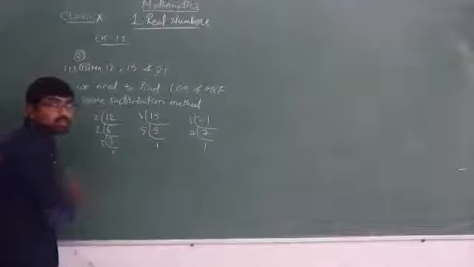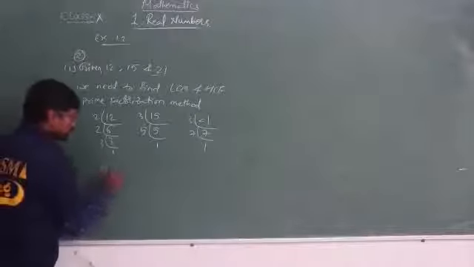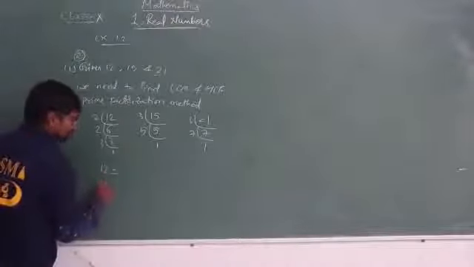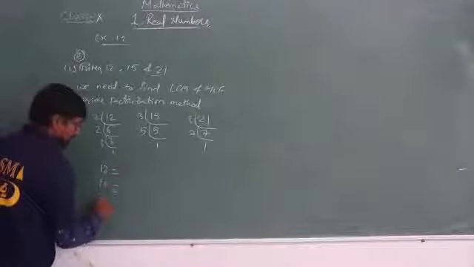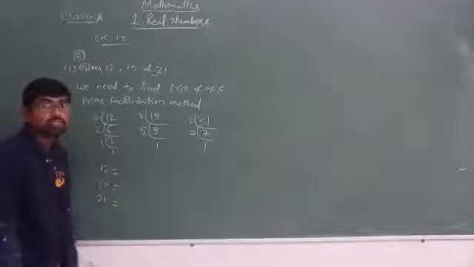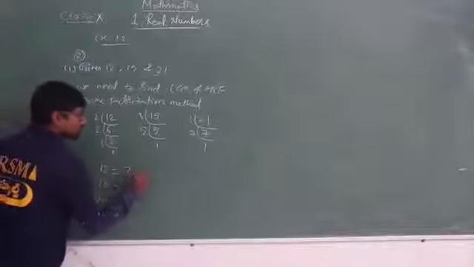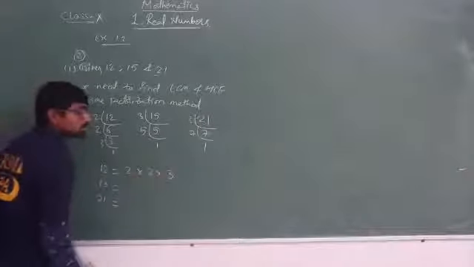Okay, now for comparing, I will write in sequence. So 12 equals, 15 equals, and 21 equals. For HCF and LCM, I have to compare all the factors and multiples, isn't it? So for 12, I have got the prime factors as 2 into 3.